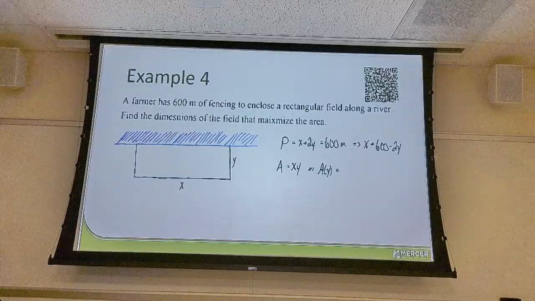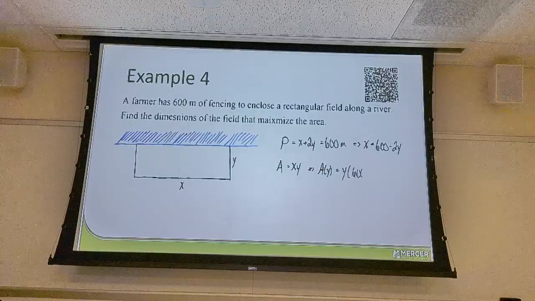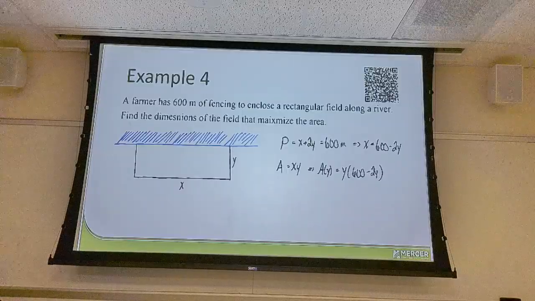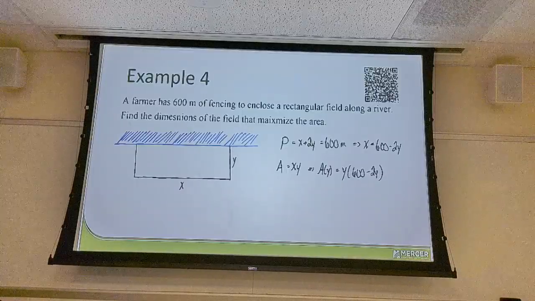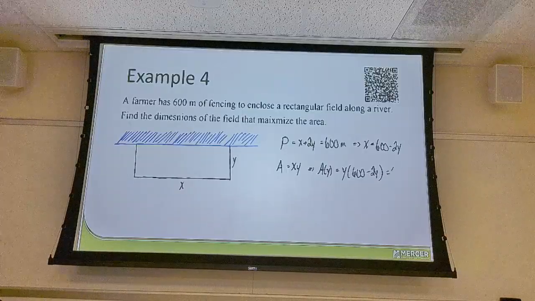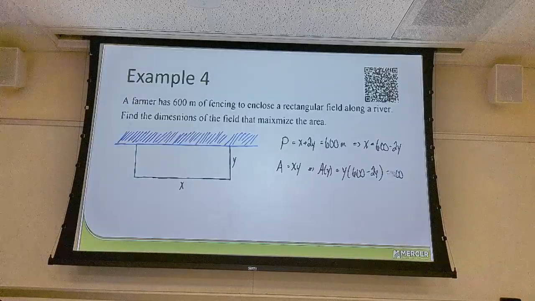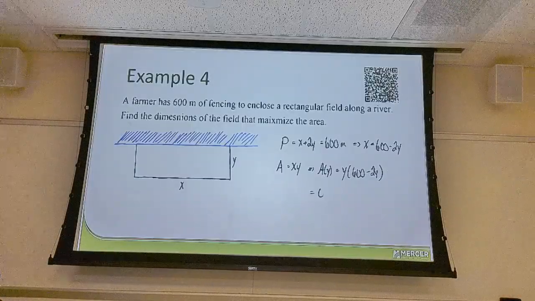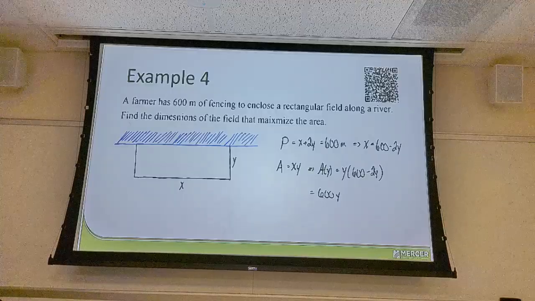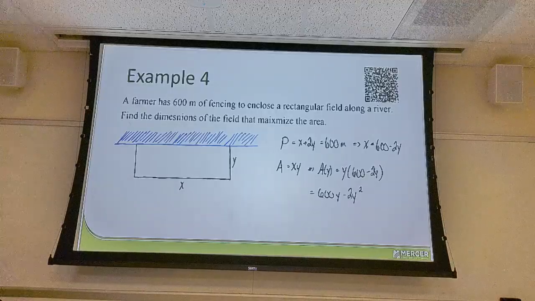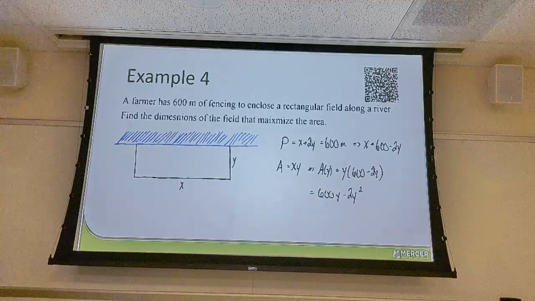That makes more sense. Is that going to be our area? Right, area of y?